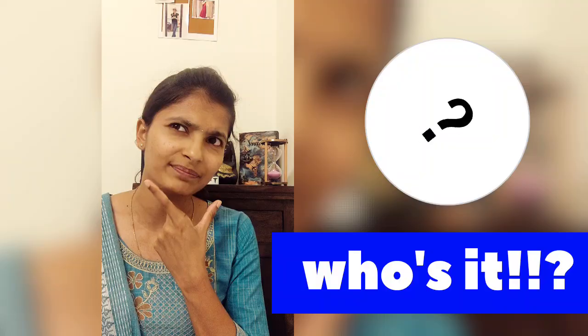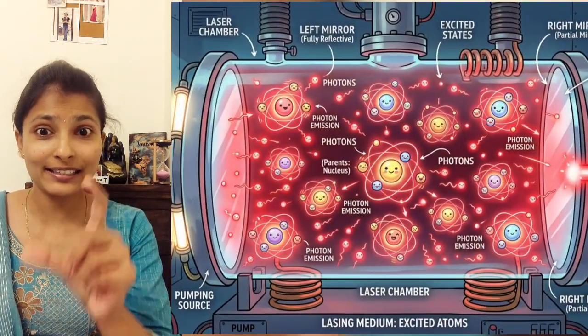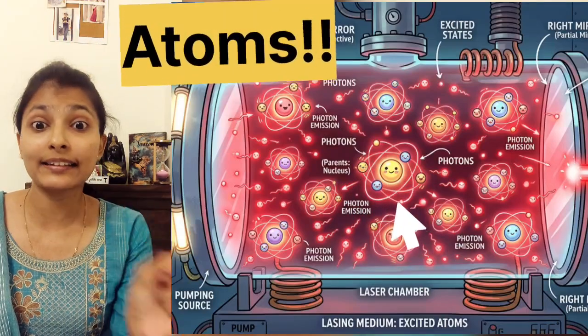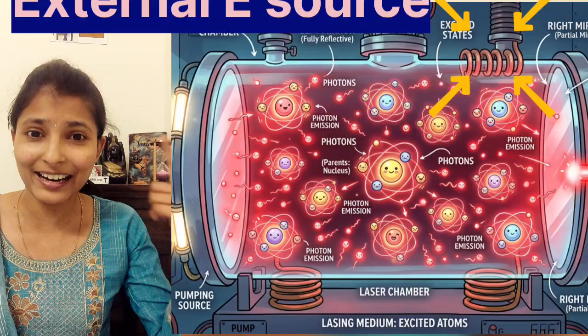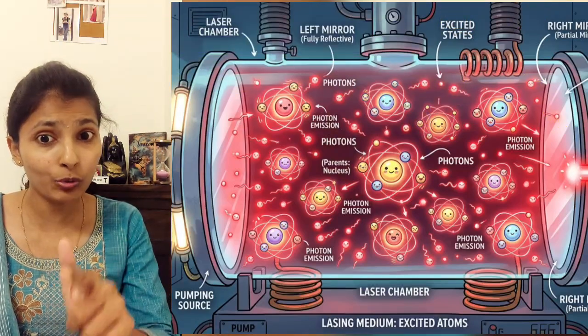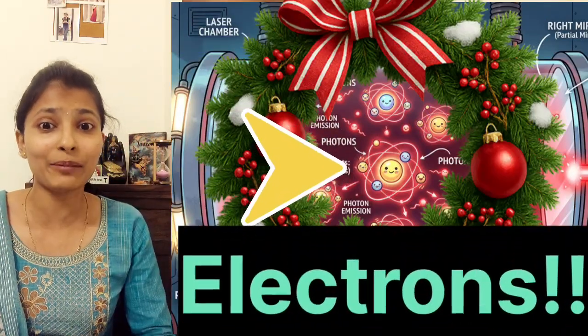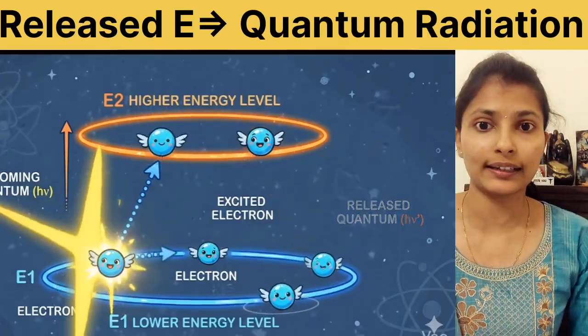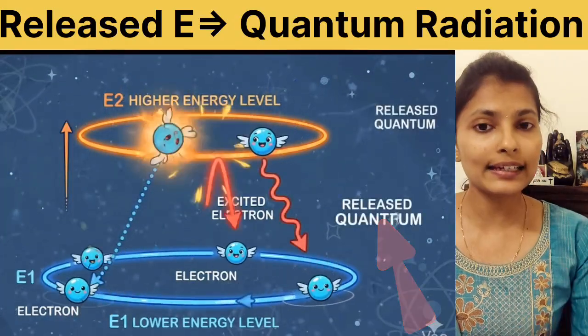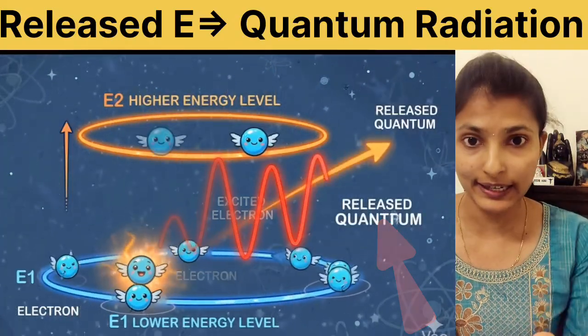Now, don't you have a question about this Hitler and those families? Who are they? Well, that's interesting. Those families are nothing but the atoms present in the lasing medium, and that Hitler is nothing but the external energy source, and those people who are getting angry are nothing but the electrons present in those atoms. Whenever these electrons come to the normal position, that is the calm down position, they release the energy in the form of quantum radiation.